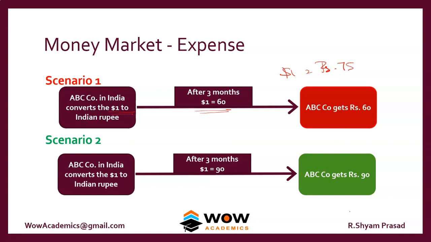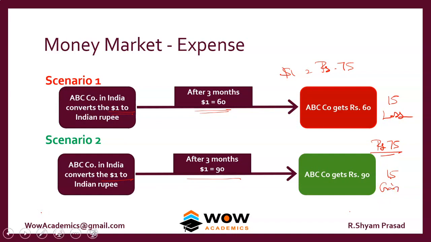So that is an effective loss of 15 rupees. In another scenario, assume that the Indian company has $1 and they have gone for conversion. They thought they will get 75 rupees, but they got 90 rupees. So that is a gain of 15 rupees.